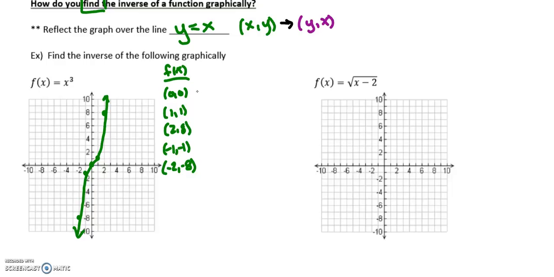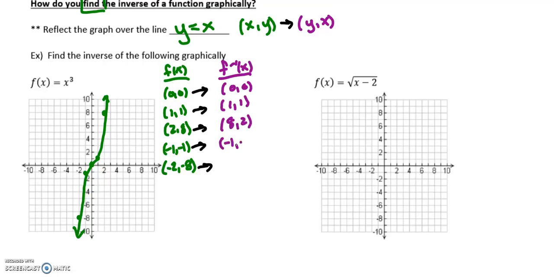And if I think about how I'm going to get the inverse, I reflect it over y equals x. I use that symmetry I listed above. So f inverse of x is going to be (0, 0), (1, 1), (8, 2), (-1, -1), and (-8, -2). So if I apply those right here, (0, 0), (1, 1), (8, 2), some of the points don't really change, but when I pull out them all, I end up getting a function that looks like this.